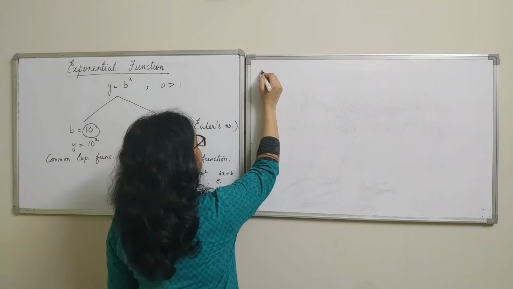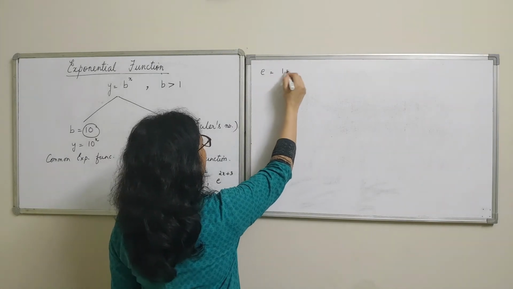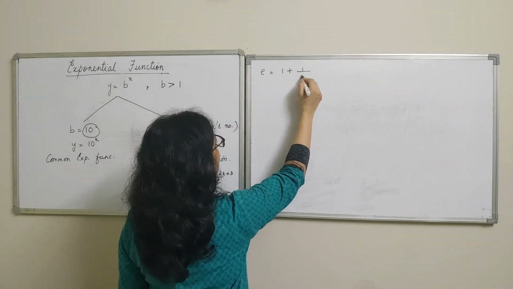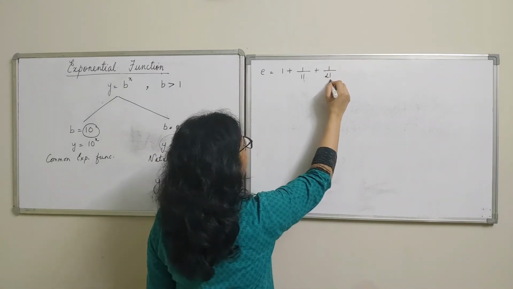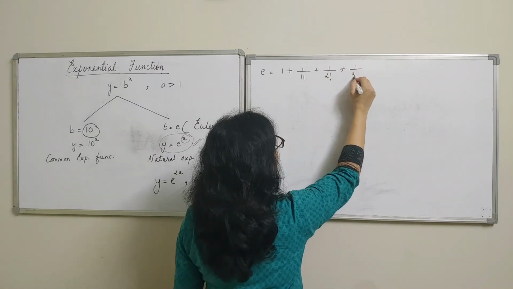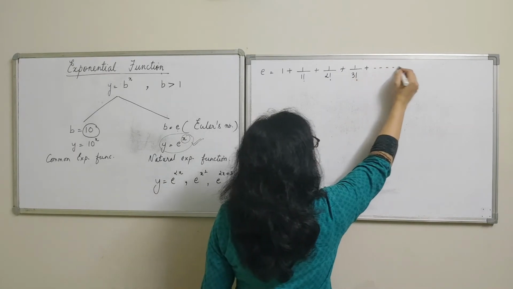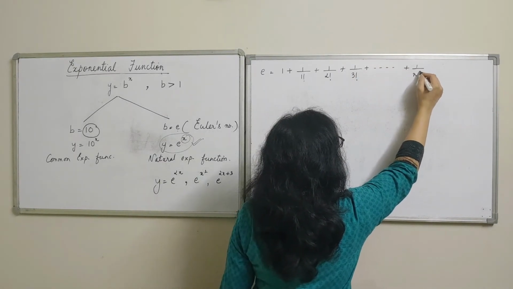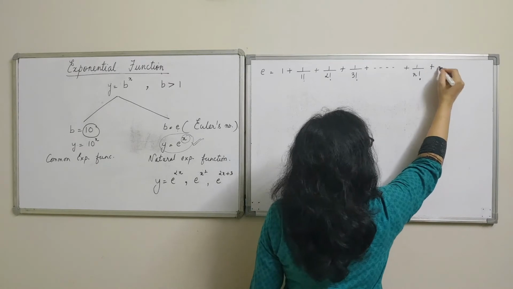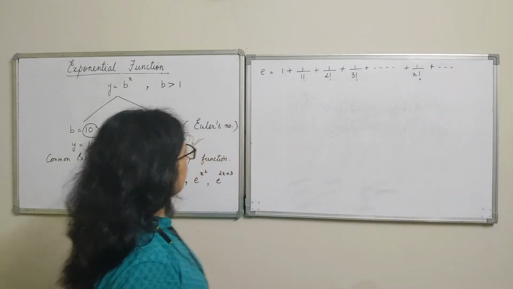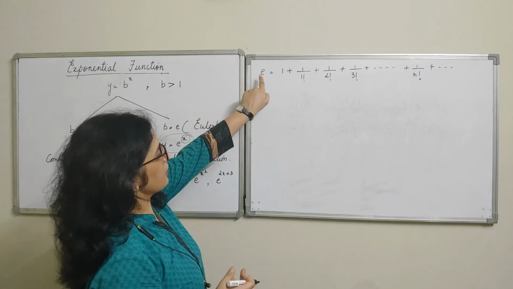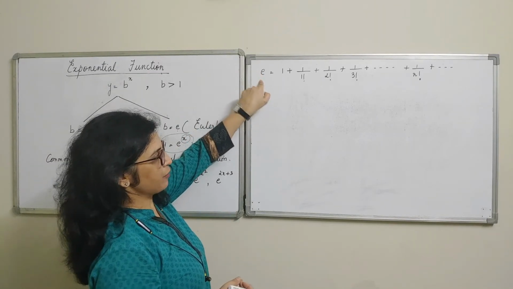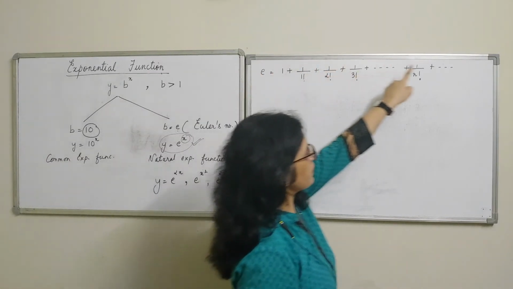Okay, so Euler said that e can be represented by this infinite series. So the Swiss mathematician Euler said that this real number e can be expressed as this series.